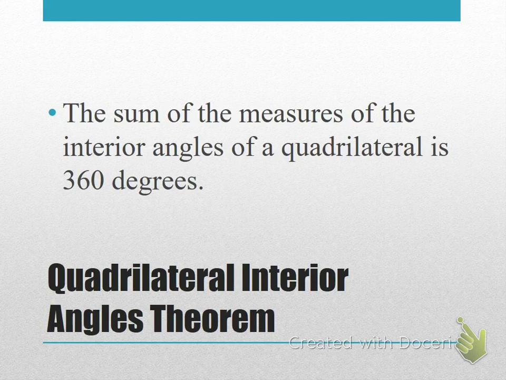But this really isn't so bad. We did talk about the sum of the interior angles for a triangle several times. Inside of a triangle, what do all of the angles add up to? 180. So for a quadrilateral, they just have to add up to 360 instead.